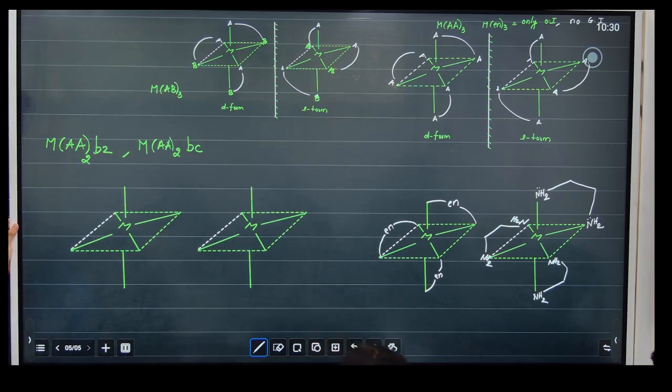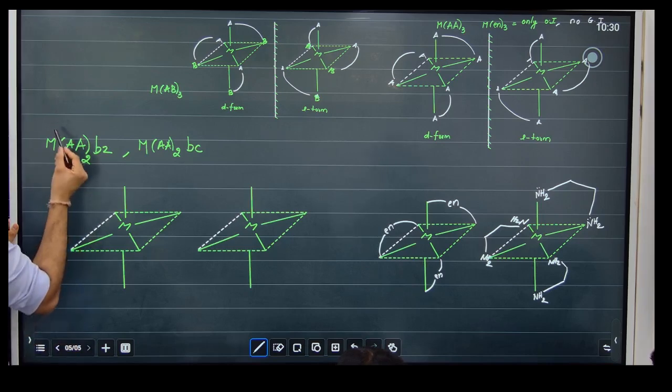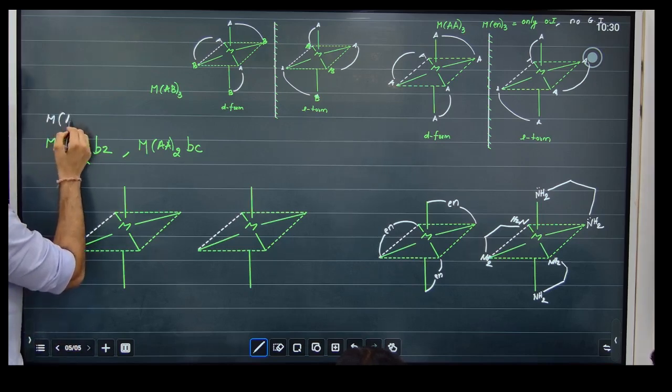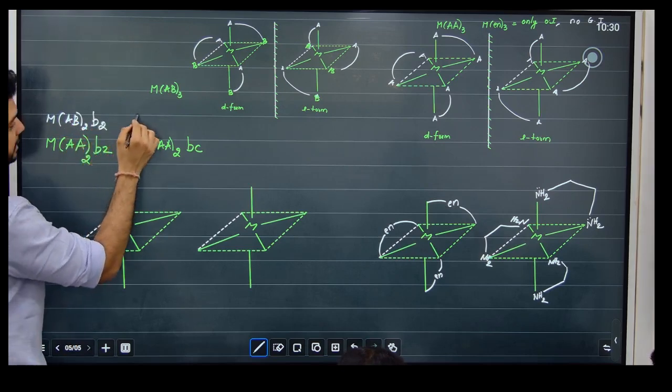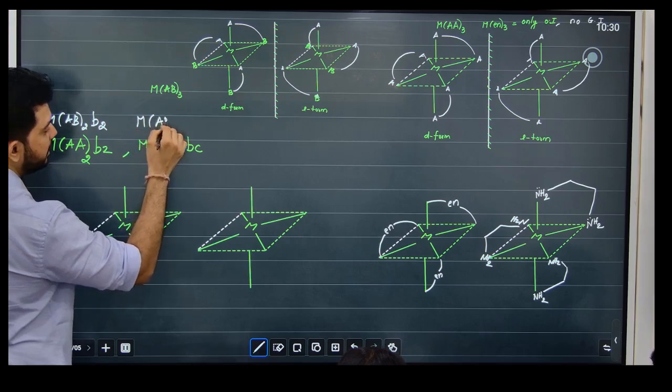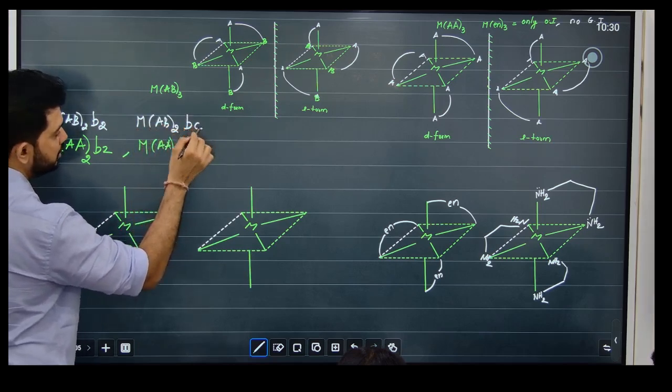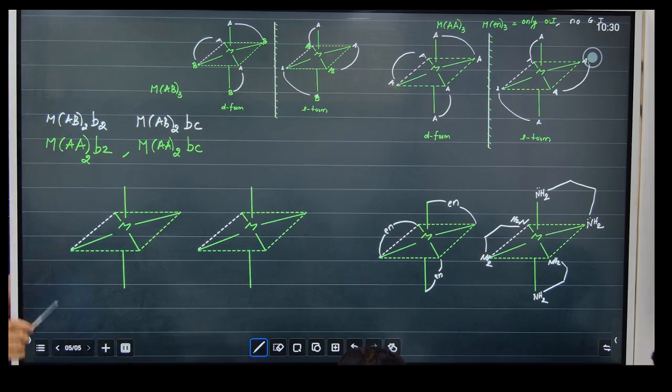The same with AA, I can write the same with M, AB to B2, or I can write the same M, AB to BC. However, the number of isomers will change. Again, इसके लिए भी I'll give you a table with some specific important ones.